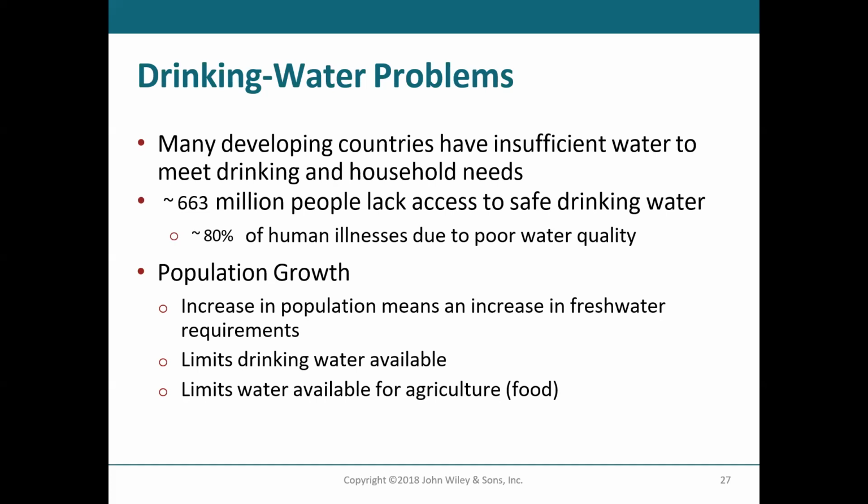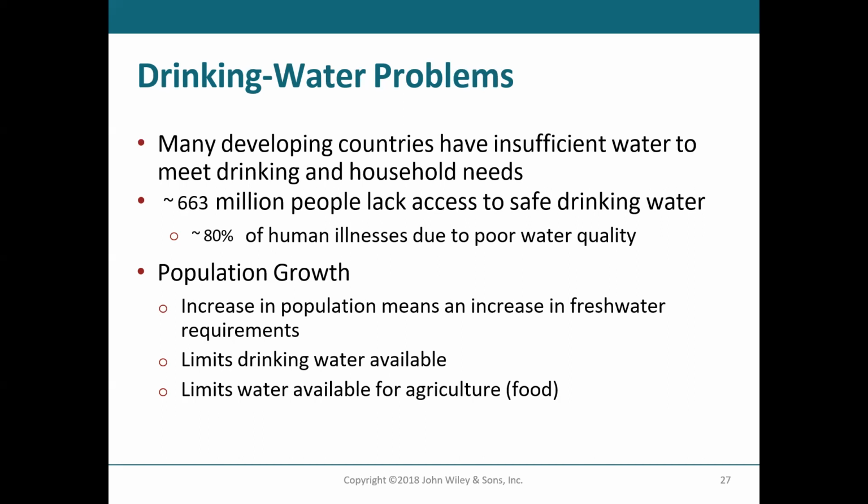And as we know, 80% of common human illnesses occur because of poor water quality. And that's a statistic from the World Health Organization. Nearly 1,000 children are estimated to die each year as a result of diarrheal diseases that are caused by contaminated water and poor sanitation.